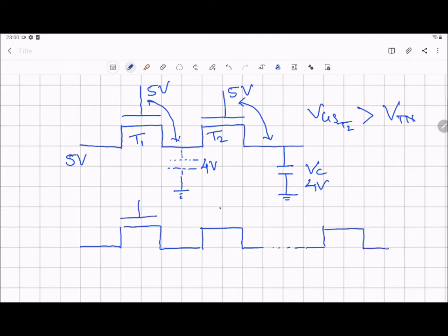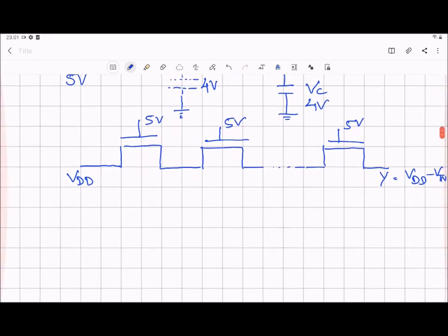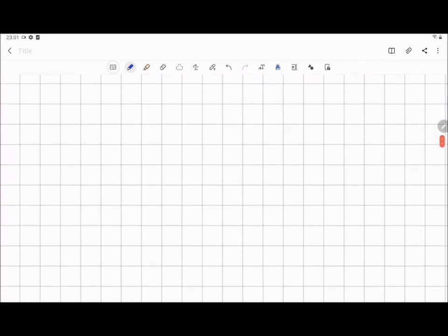So I want to say that if all the gates are connected to 5 volt and here we apply the voltage VDD, which I have assumed as 5 volt, the final output at terminal Y will be VDD minus VTN.